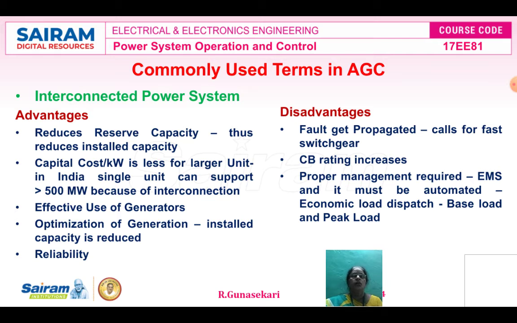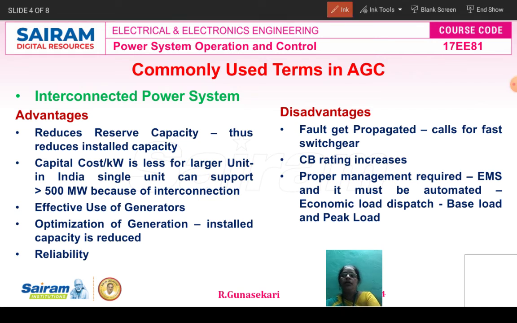Then what are the advantages and disadvantages of the interconnected power system? First, the advantages. The first advantage is reduced reserve capacity. That means the installed capacity is different, and the generating capacity is different. The reserve capacity is nothing but installed capacity minus generated capacity.